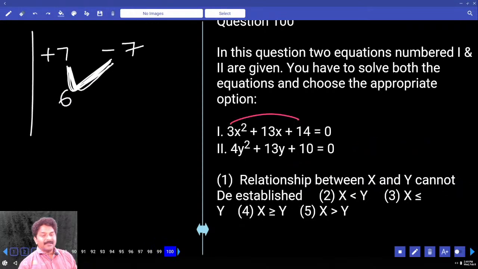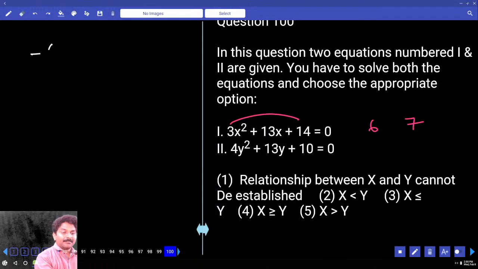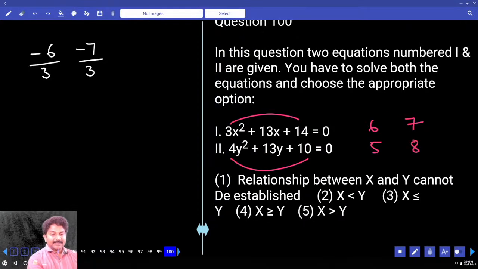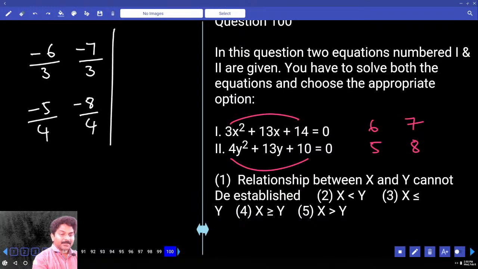Product must be 42. Sum must be 13, plus 6 plus 7. Factors are minus 6 minus 7 divided by 3. Product is 40, sum must be 13, 5 and 8, minus 5 minus 8 divided by 4.